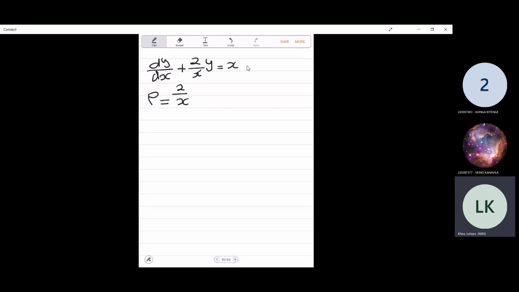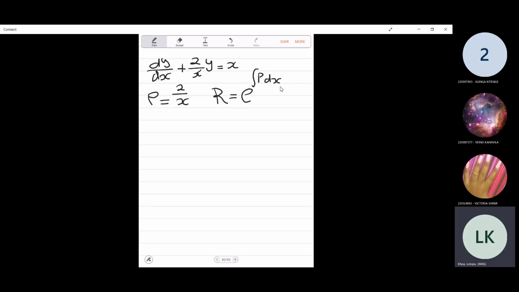So when we were talking about exact differential equations or making a differential equation exact, we did talk about an integration factor. And we said that our integration factor, we called it r. We got this by saying e to the power of the integral of p dx. So here, this is how we will get our integration factor and then multiply throughout by that integration factor.